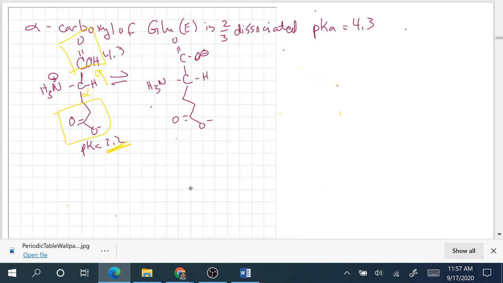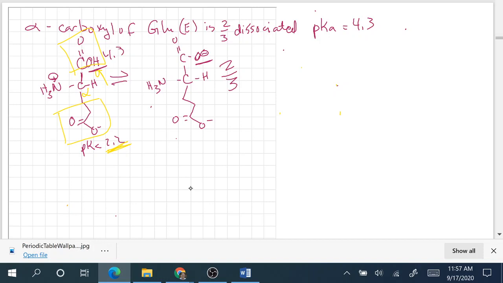Okay, so we only need to consider this reaction at the top where we have the dissociation of the alpha carboxyl. So we see that this species makes up 2/3. Okay, so it's 2/3 dissociated.